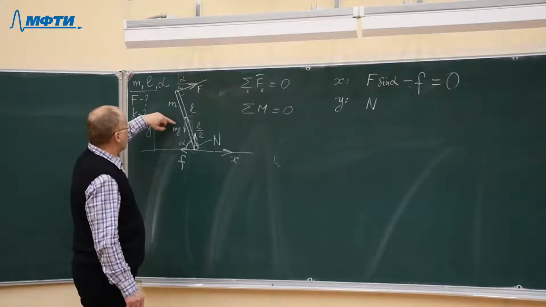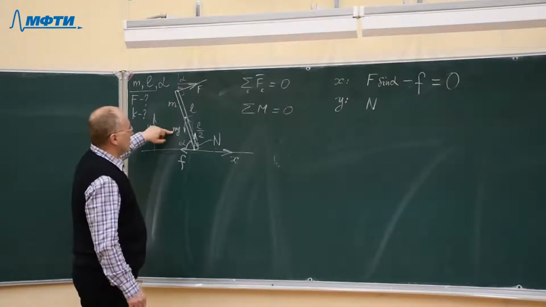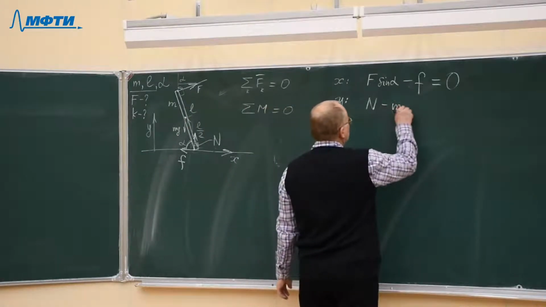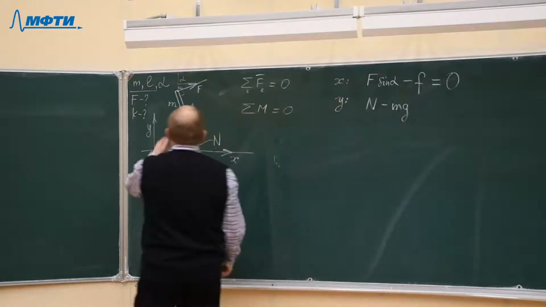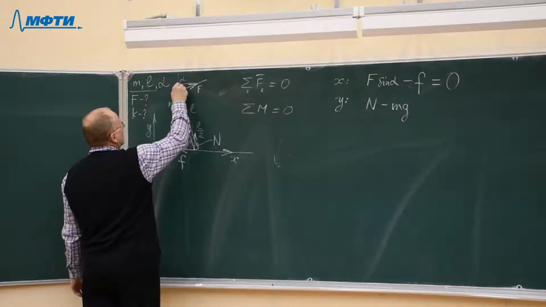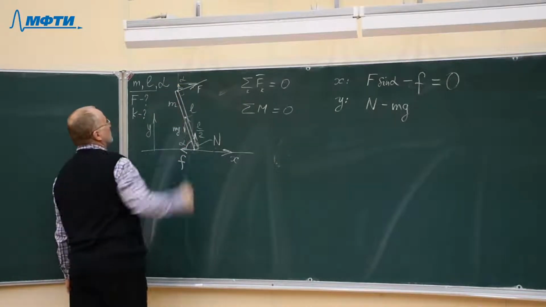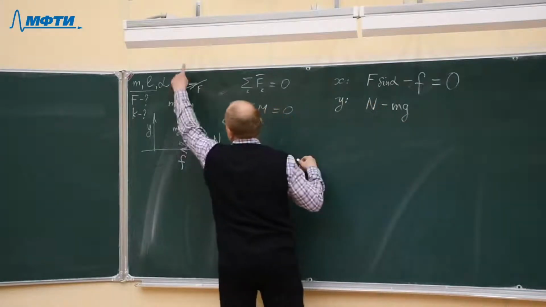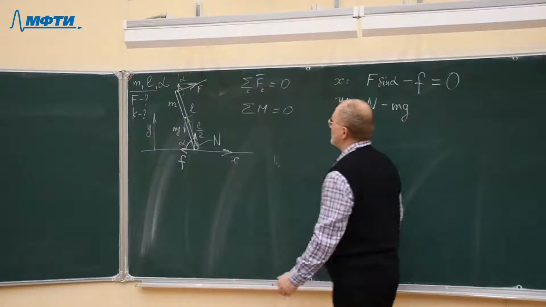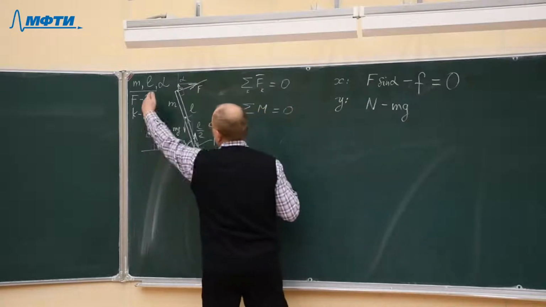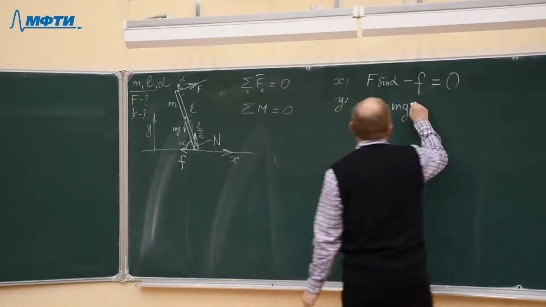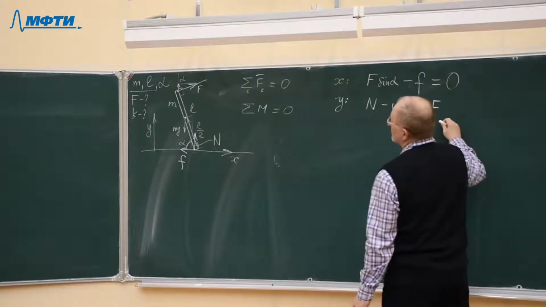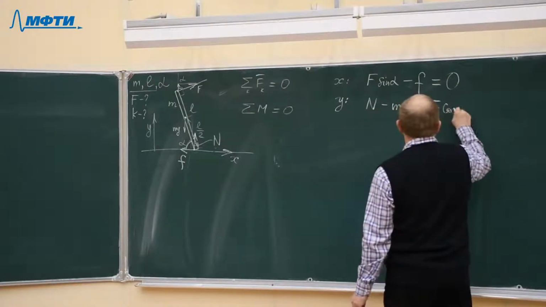Then the weight of the rod, mg, directed downward in the opposite direction, so it will be negative. And then the force F will have some vertical component, which will be positive because it looks upward in the direction of positive quantities of y-axis. So it will be positive, and it will be F cosine alpha.